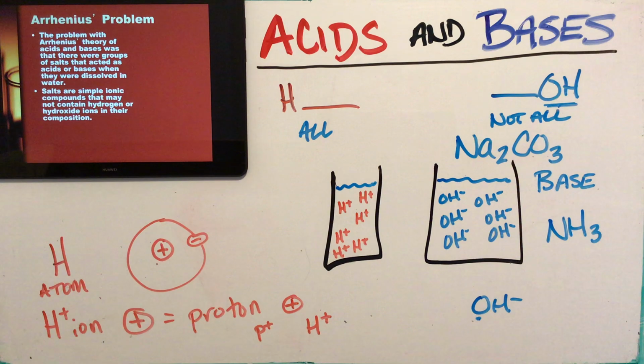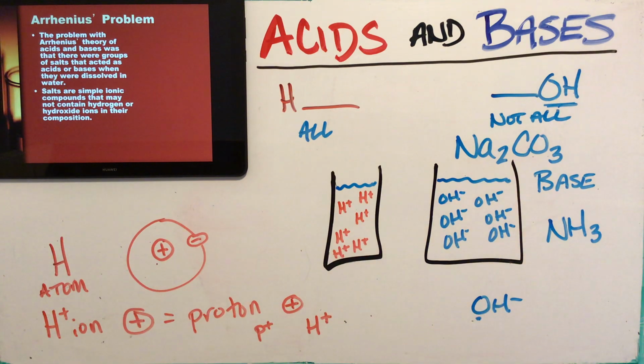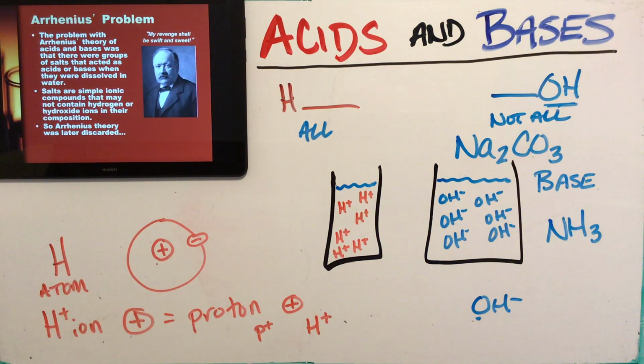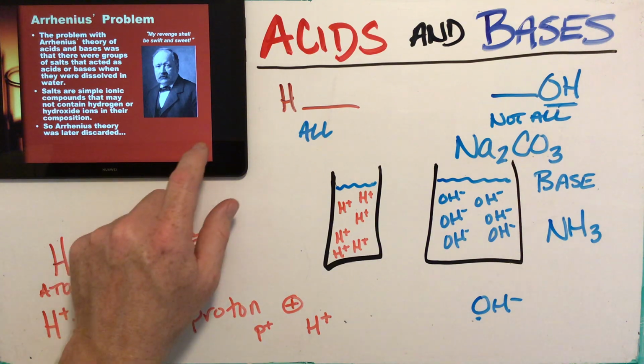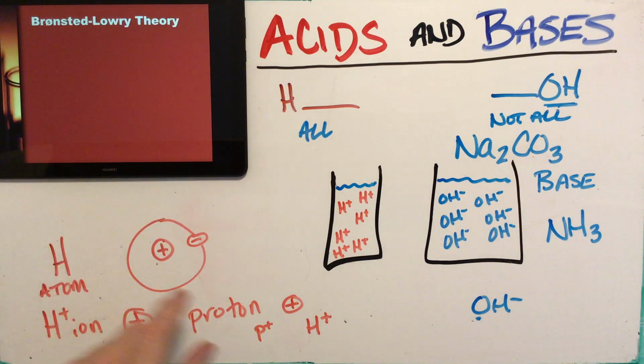And they don't contain hydrogen, like this one has no hydrogen, this one has no oxygen. Or they don't have an OH at all in their formula. So his theory was accepted at the time, but then later discarded. And of course, Svante Arrhenius, this handsome looking fella here, he quietly plotted his revenge for several years in the chem lab. Anyway, he actually died in 1927 before any revenge could be exacted.